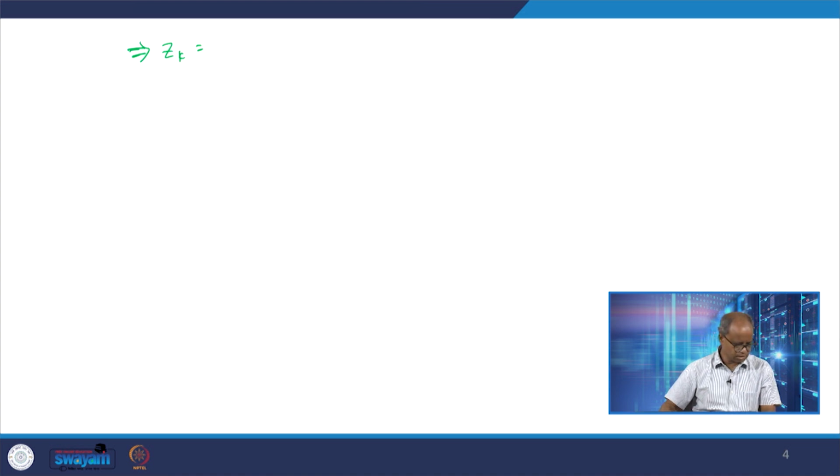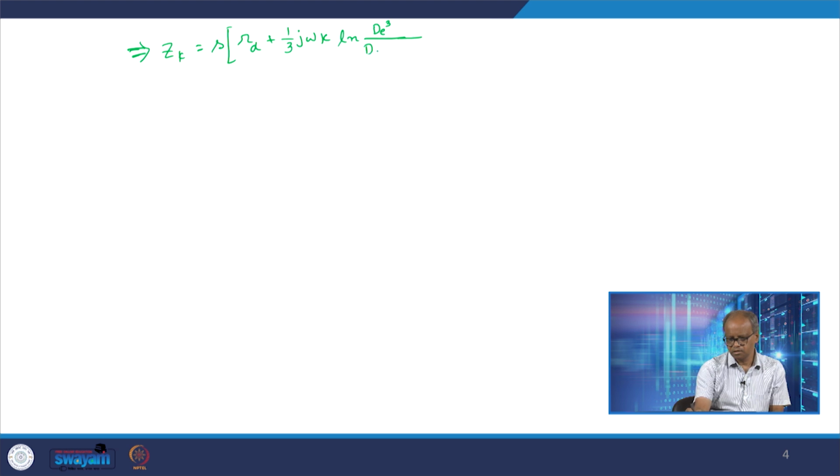I take S common, then Rd inside, and 1 by 3 inside, and j omega k and log dE cube by d12 d23 d31.